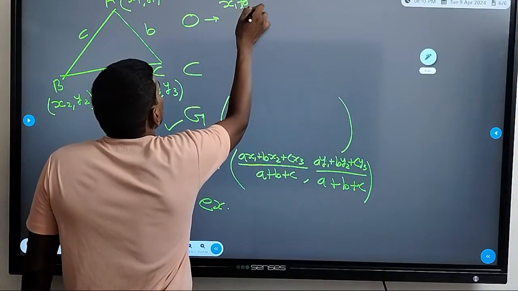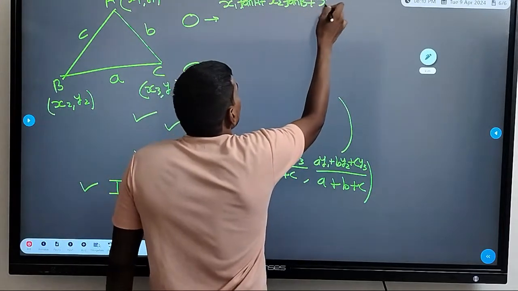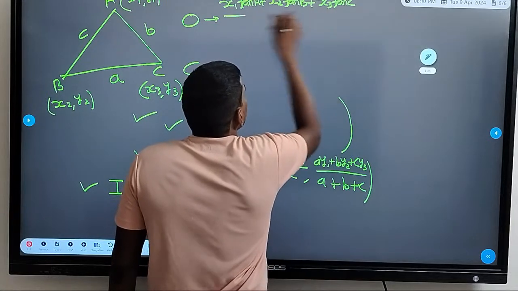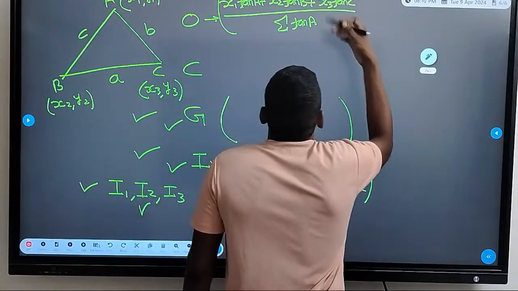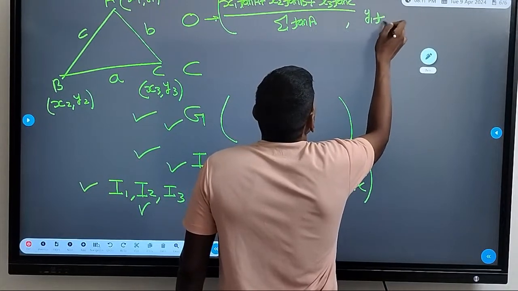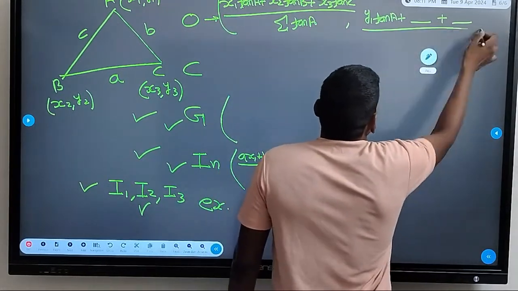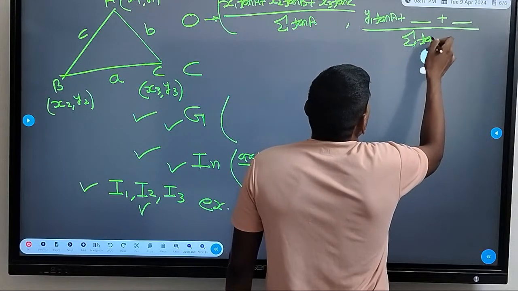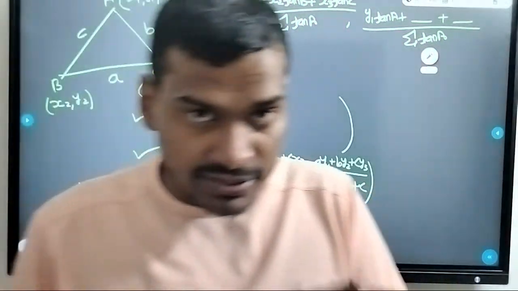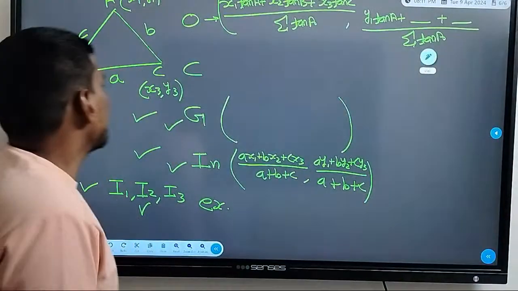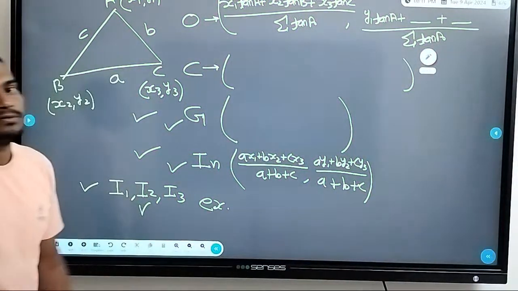The formula is x1 tan A, x2 tan B, x3 tan C divided by summation tan A, and here we have y1 tan A, y2 tan B, y3 tan C divided by summation tan A. If I say summation tan A, it is already understood: tan A plus tan B plus tan C. And if we come to the circumcenter, then also no problem.